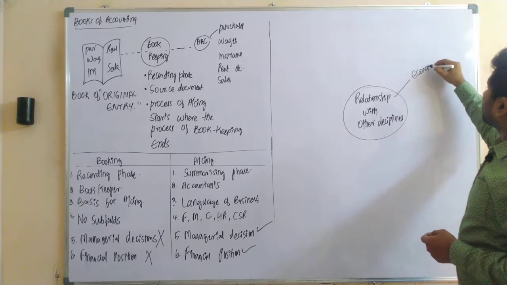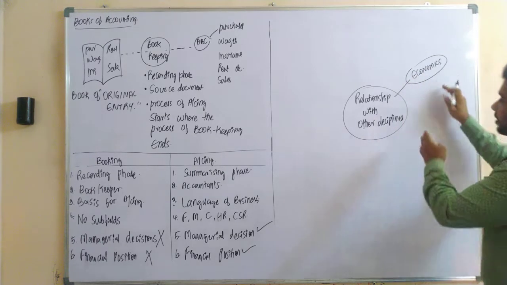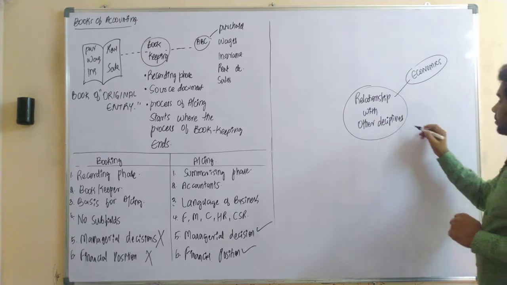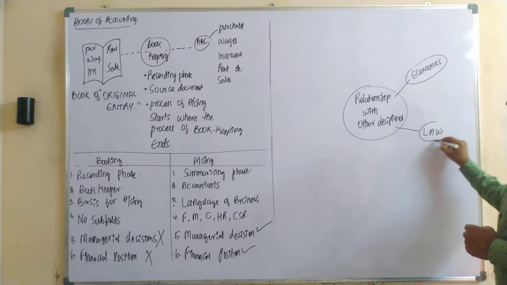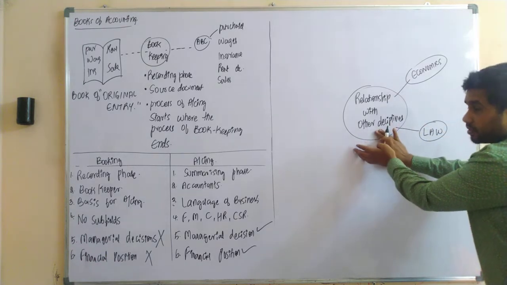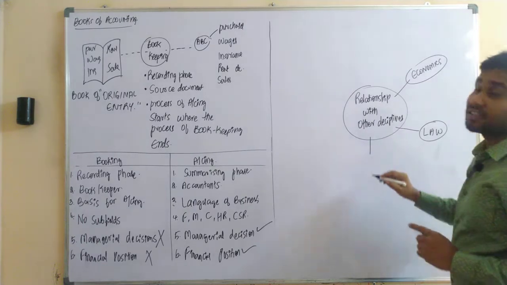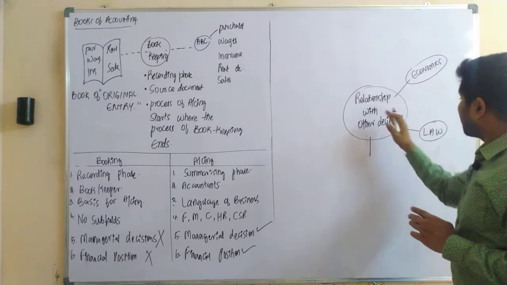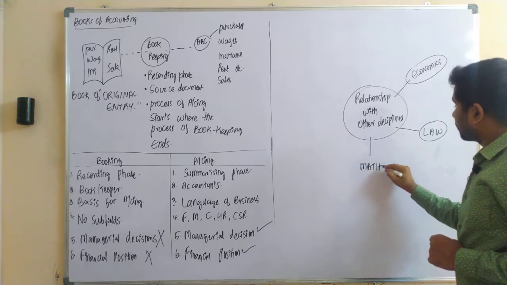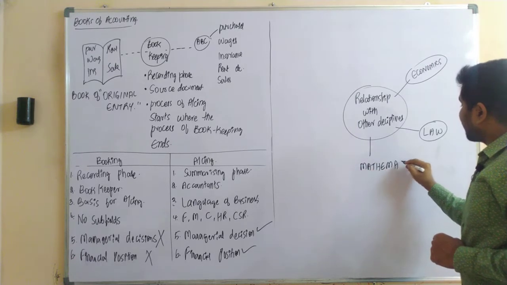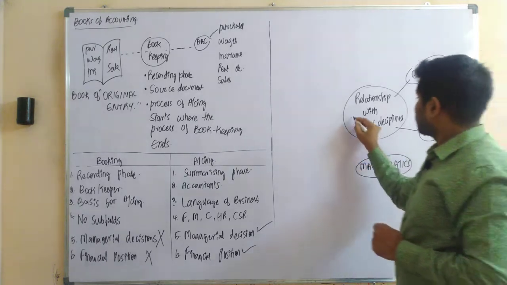Economics and the relationship with accounting. Law, and the relationship between law and accounting. What is the relationship between law and accounting? Your mathematics. The relationship between mathematics and accounting.